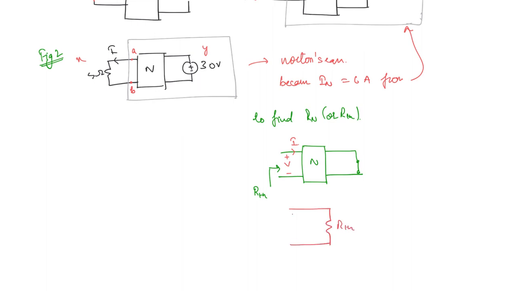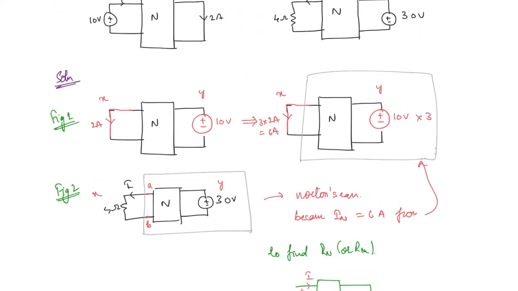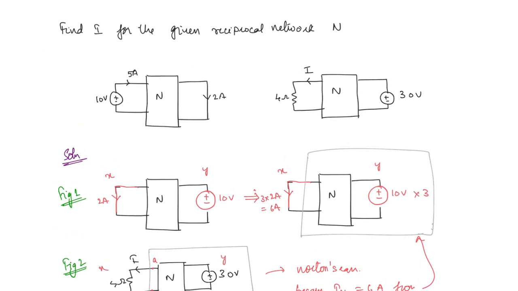So how do we get V and I from the given question? You can see here that if this is short circuited, then the voltage appearing here is 10 volt and the current is 5 amperes. This is exactly what we need.